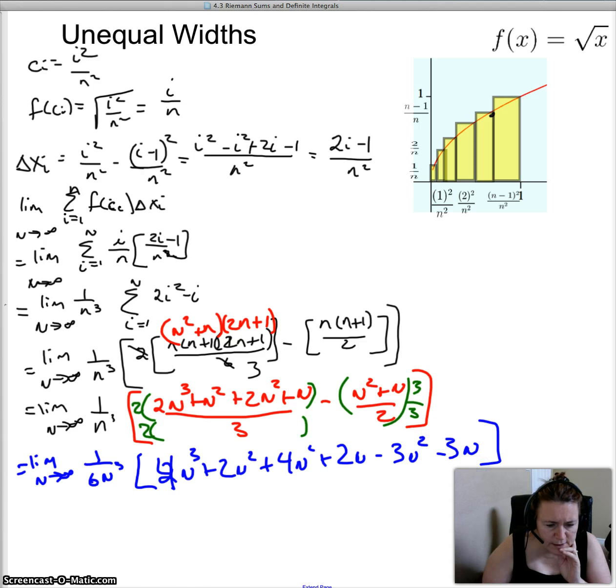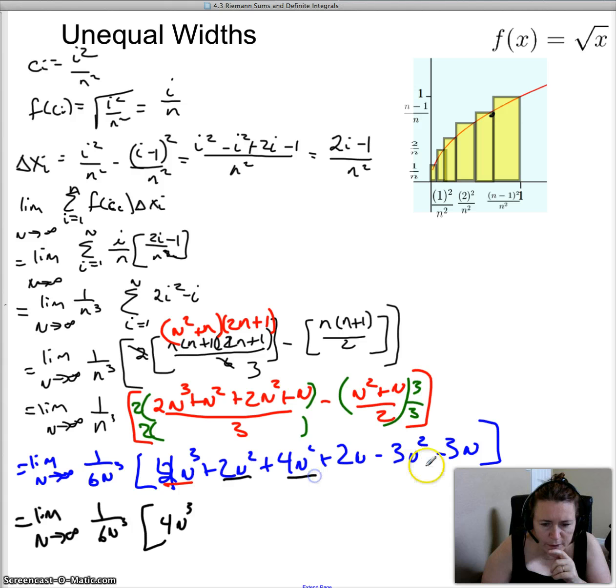Let's collect terms. For n cubed, I only have 4n cubed. What about my squares? I have 2 plus 4, 6, minus 3, so this is minus 3n squared. And then my other ones, this is negative n.